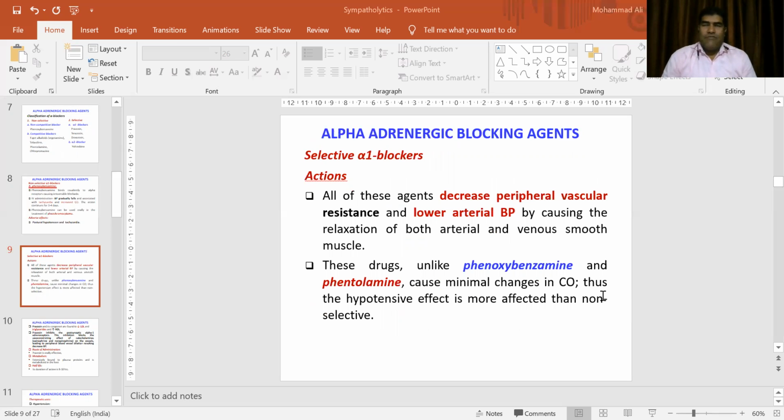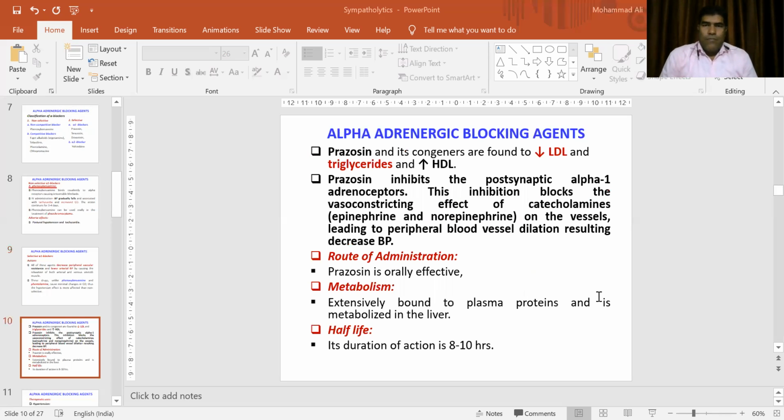These drugs, unlike phenoxybenzamine and phentolamine, cause minimal changes in cardiac output. Thus, the hypotensive effect is more effective than the non-selective. Prazosin and its congeners are found to decrease low-density lipoprotein and triglycerides and increase high-density lipoprotein.